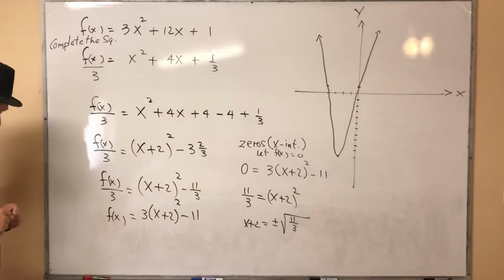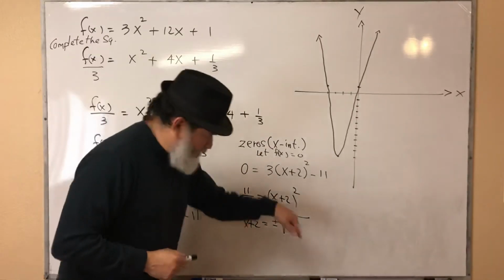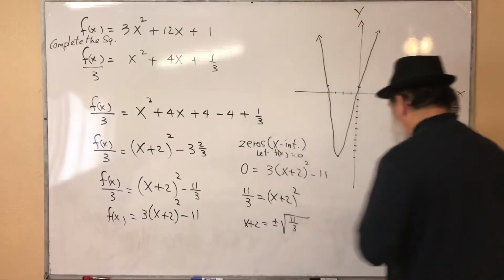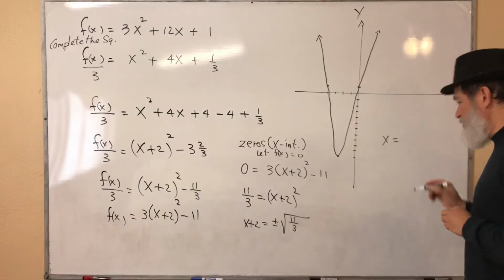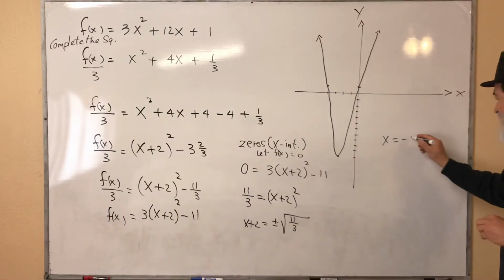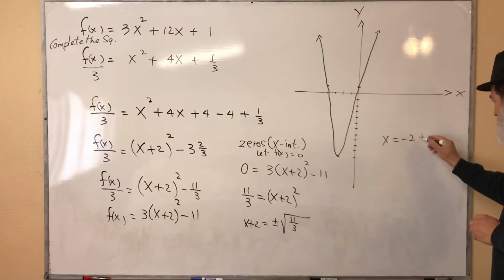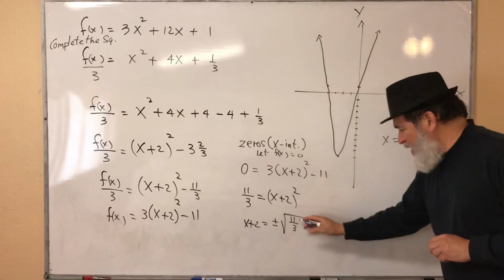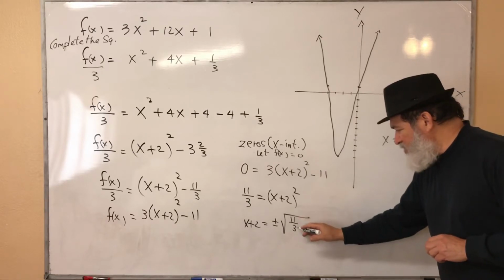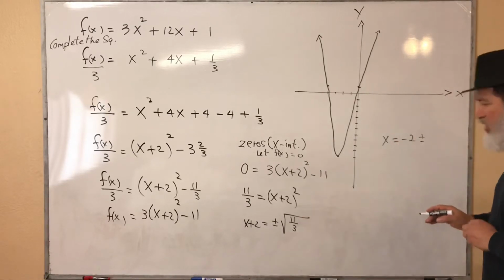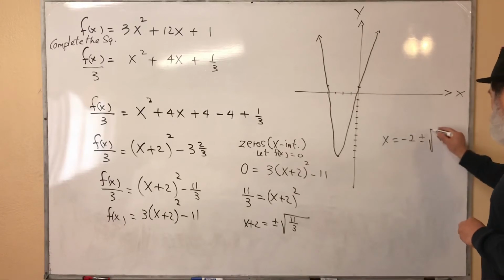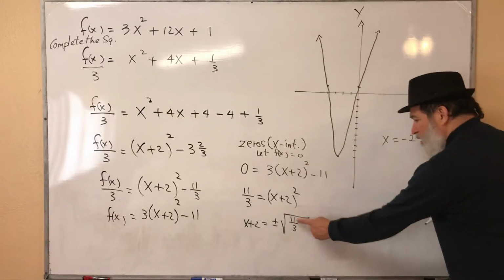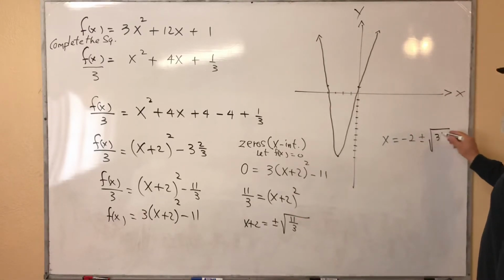Okay. Bring the 2 over. And so we get x equals negative 2 plus minus, and this is going to be, can I just multiply, everybody? Can I just multiply this top by 3 and this bottom by 3? Okay, I'm going to do that, class. So multiply the top by 3 and I get 33.